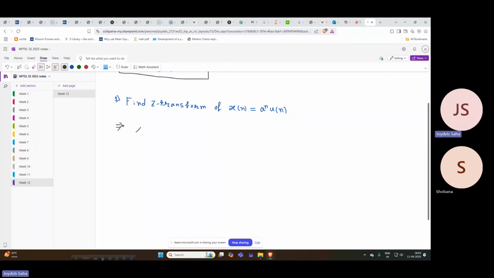From the definition, we can write X(z) equal to the summation from n equals minus infinity to plus infinity of a to the power n u[n] z to the power minus n.